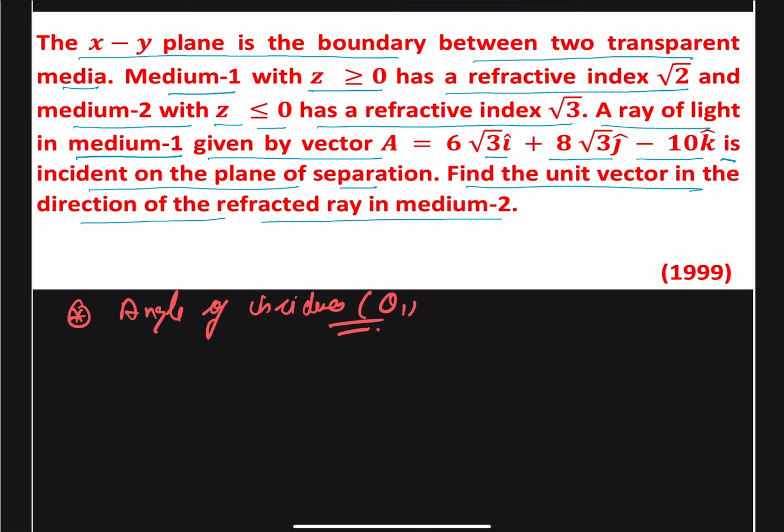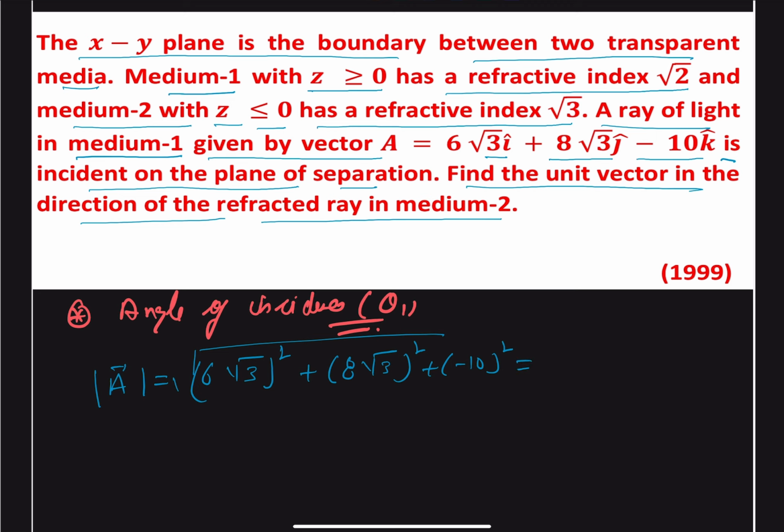So we can write that the magnitude of vector A will be the square root of (6 square root of 3) squared plus (8 square root of 3) squared plus (minus 10) squared.